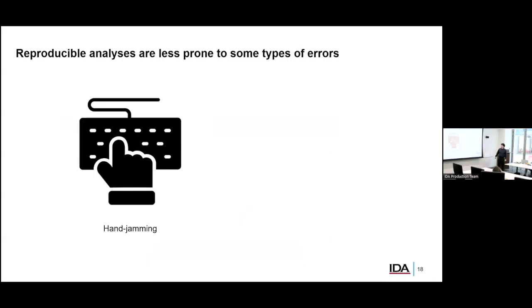Okay. Reproducible analyses are less prone to certain types of errors. Hand jamming, otherwise referred to as typing, is error prone. At some point, I was on a project where we were helping the VA modernize their electronic health records, and part of their workflow was something they called the swivel chair method.